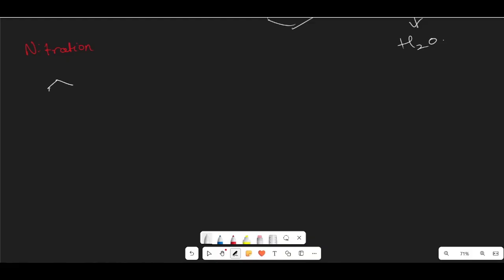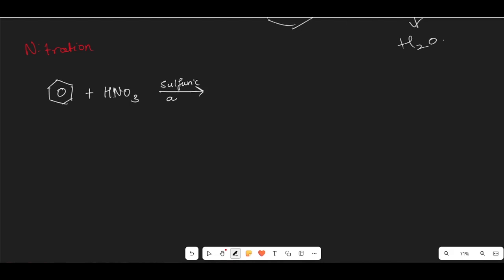Benzene, of course, nitric acid, in the presence of sulfuric acid. Forms nitrobenzene. And sulfuric acid works as your catalyst.